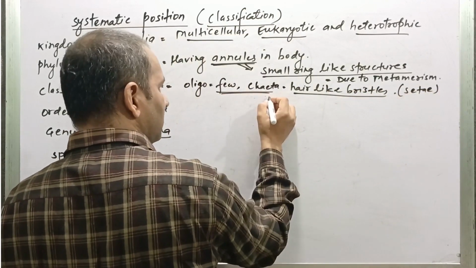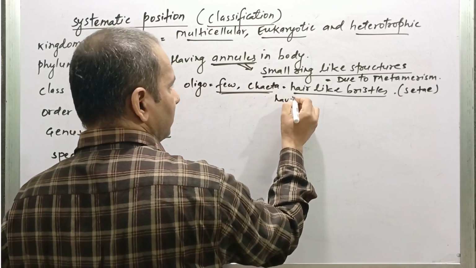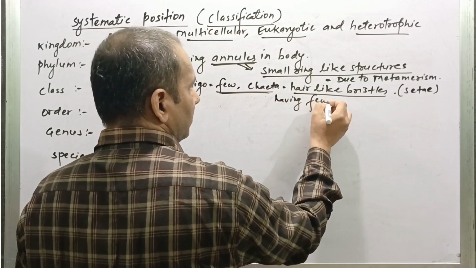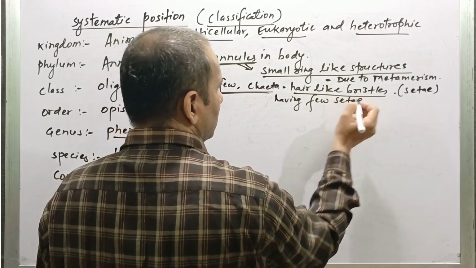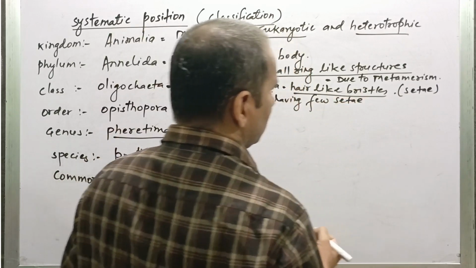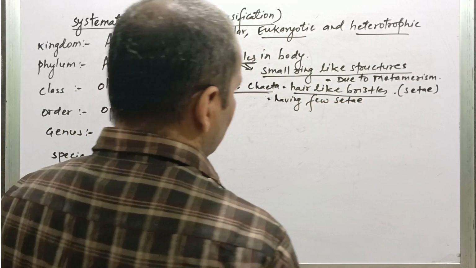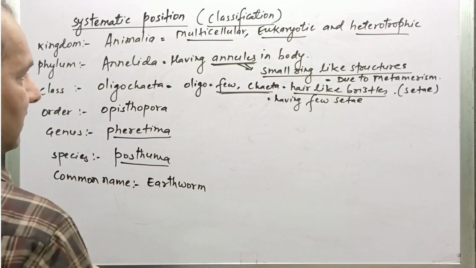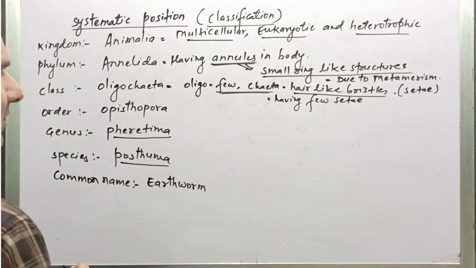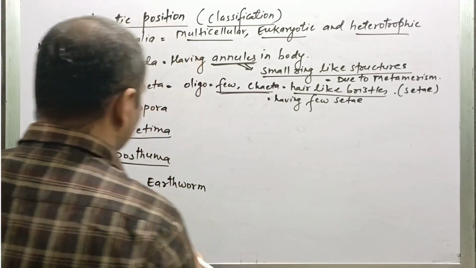Altogether, Oligochaeta means having few chaeta or locomotory organelles in comparison to the members of the class Polychaeta like Nereis.